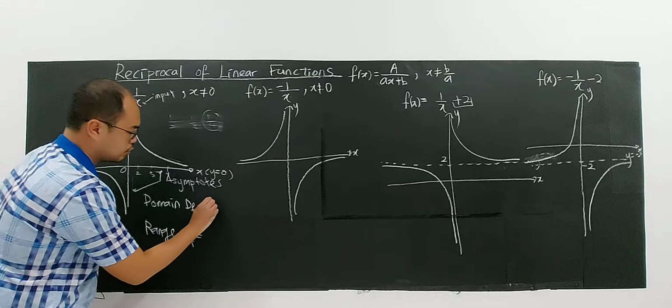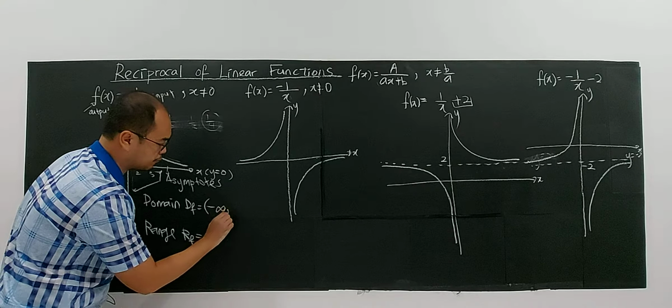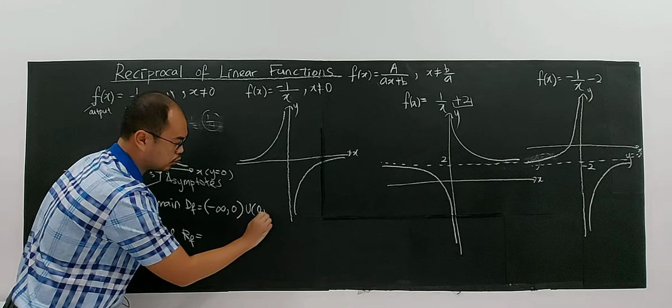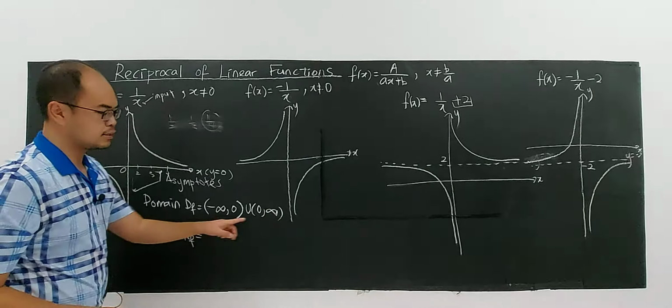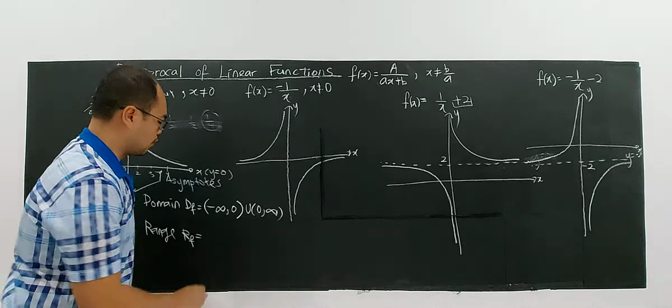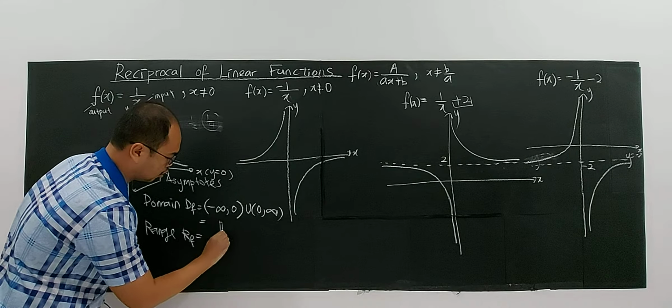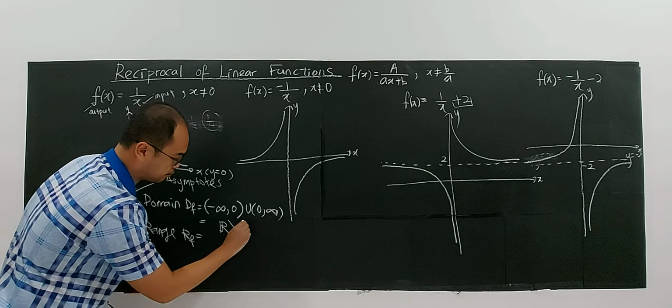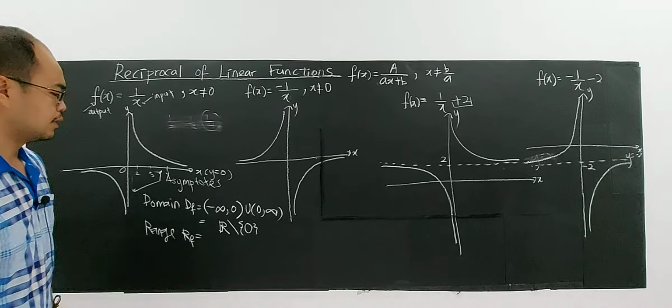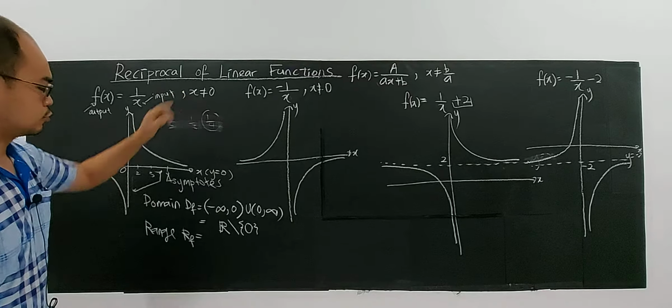That means you can write it as negative infinity up to 0, excluding the 0, union 0 up to infinity. The meaning here is, I can accept any value except 0. Or I can write it this way: all the real numbers except 0, I exclude the 0 as my input. Now I shouldn't take 0.